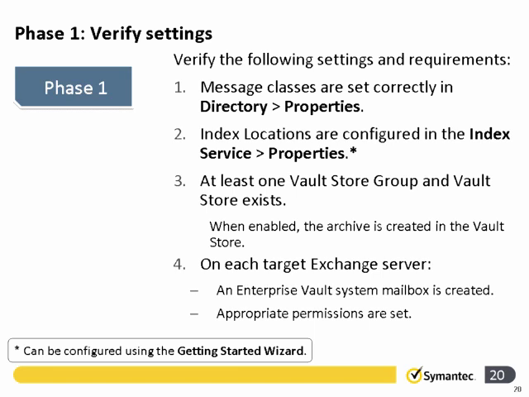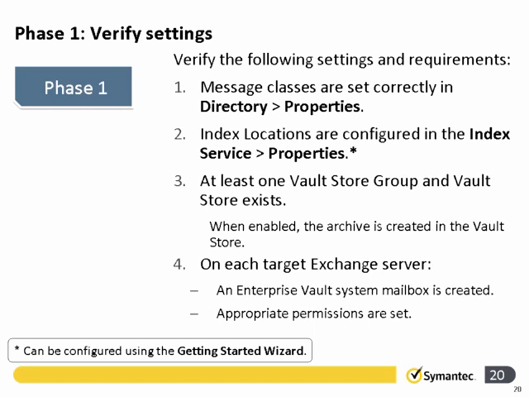You need to verify that you have at least one Enterprise Vault storage group and an Enterprise Vault store, and that there's a partition available for archiving. And on each one of the individual Exchange servers, you want to verify that you did in fact create the Enterprise Vault system mailbox, as well as set up the correct permissions.